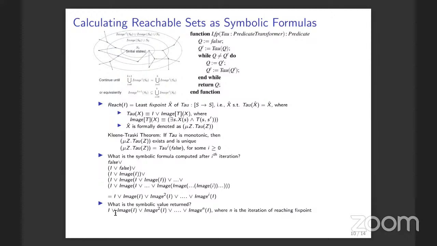It's a disjunction of a series of increasingly nested existentially quantified formulas, and that is still a propositional formula, correct? That's what this computes, and what this denotes at the end, when you reach the fixed point, is the set of all reachable states. Is that clear? Any questions?